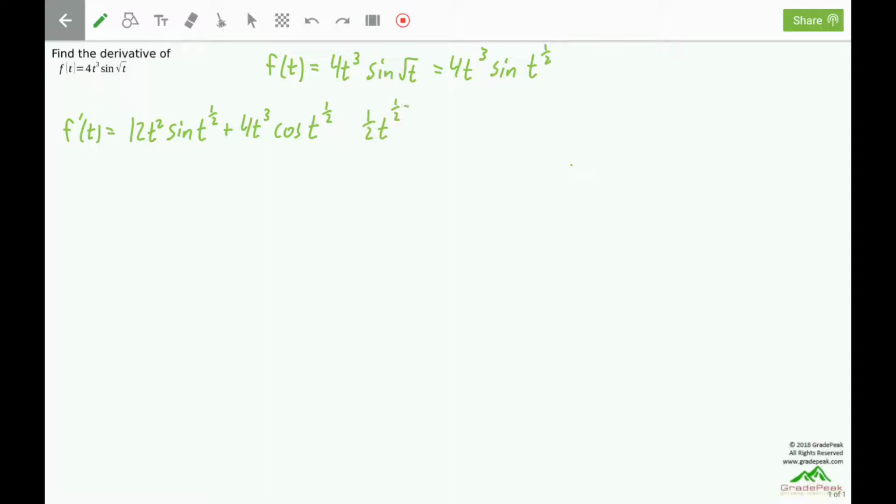bring down the power, and then subtract 1 from it. And then you multiply by the derivative of the inside of that power function to complete the chain rule, but the inside's just a t, the derivative of t is just a 1, and therefore we don't need to write it.